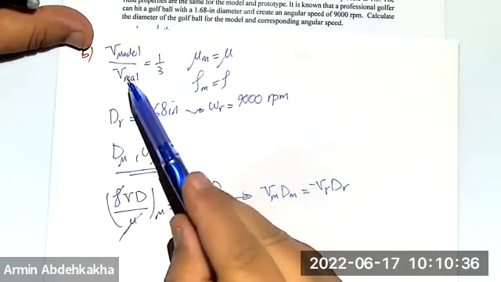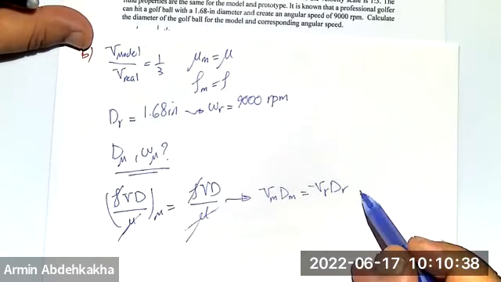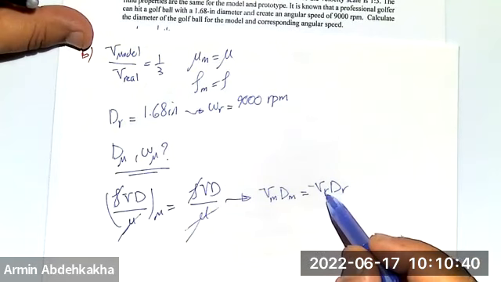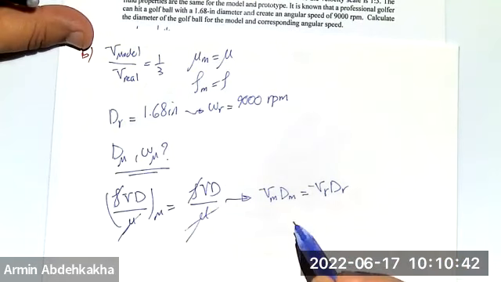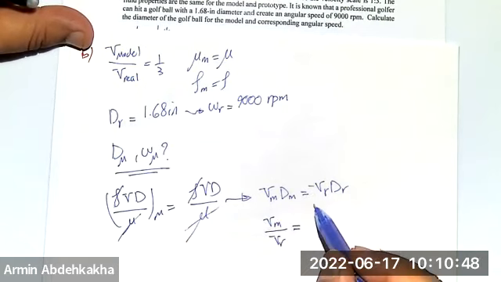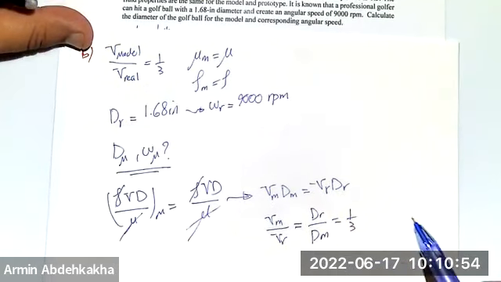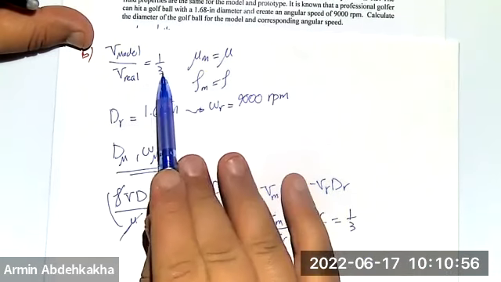Because I have V model over V real, then I can bring the Vr here, and let's write Vm over Vr is equal to Dr over Dm. And we know the answer would be 1/3, right? But it's equal to this.